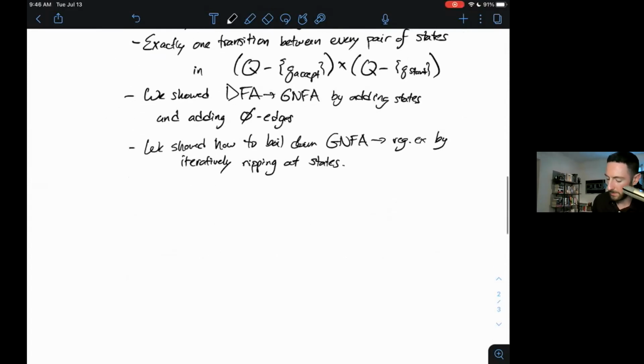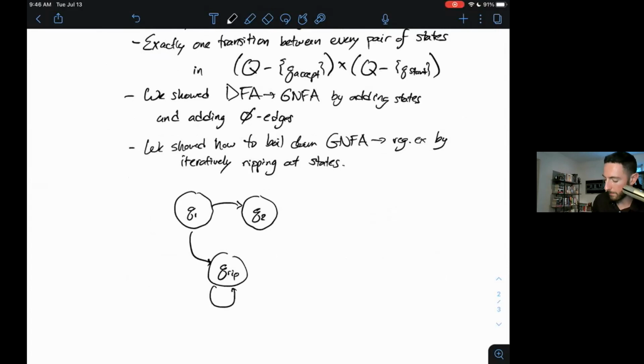That is, we said if you have any two states, Q1 and Q2, and a state Q rip you'd like to remove, then you can consider all the regular expressions labeling the states that some computational path might take to get from Q1 to Q2 through Q rip.